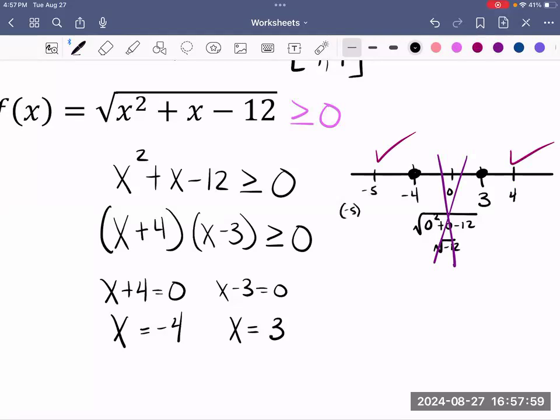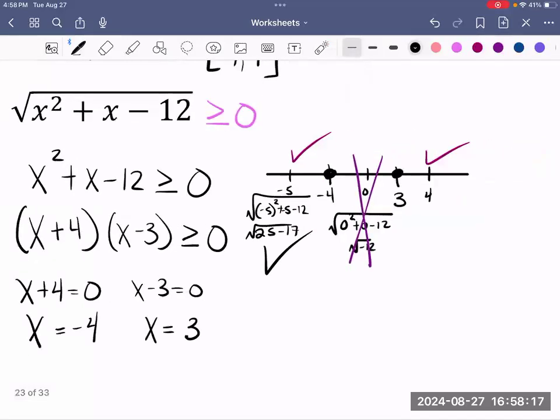So we have negative 5 squared plus negative 5 minus 12. So we get 25 minus 17. 17 is coming from negative 5 plus 12, or minus 12. So you're left with then a positive response. So this is okay.